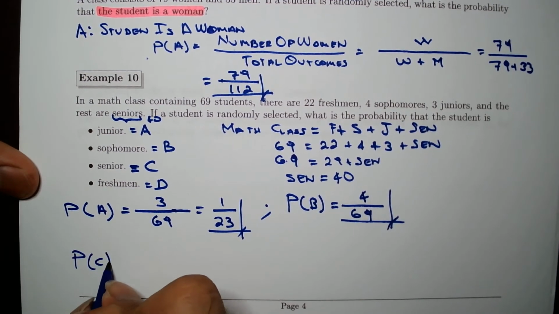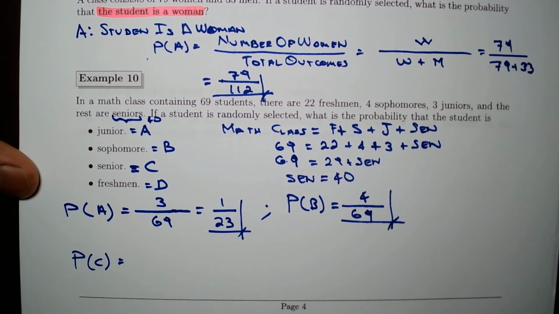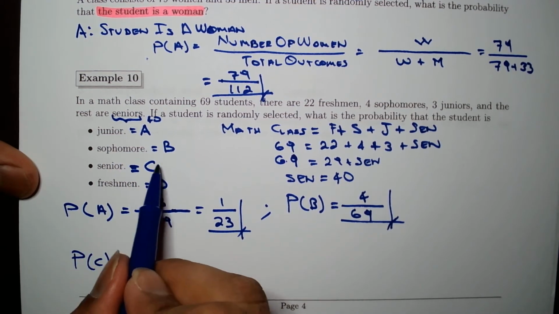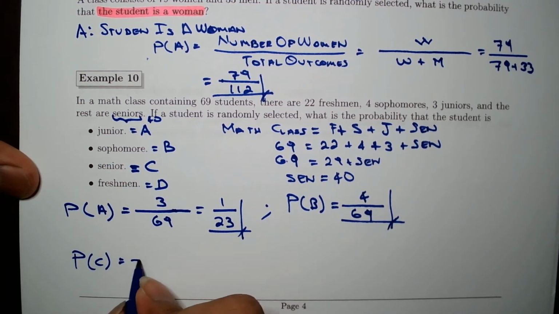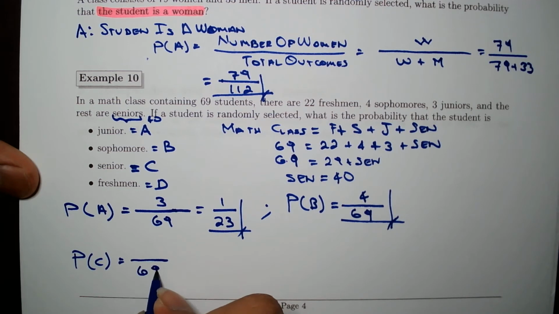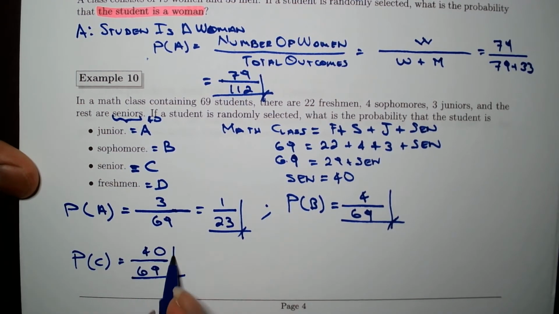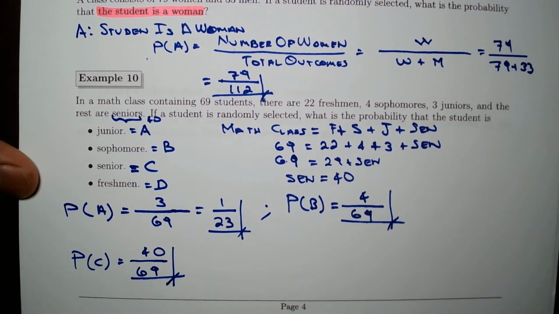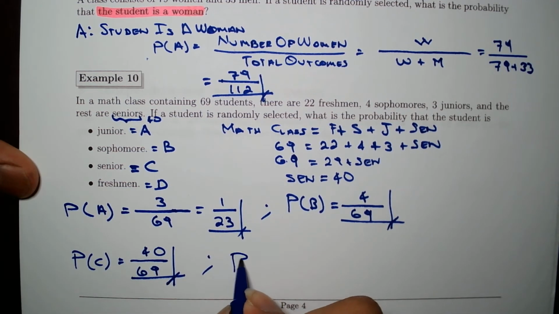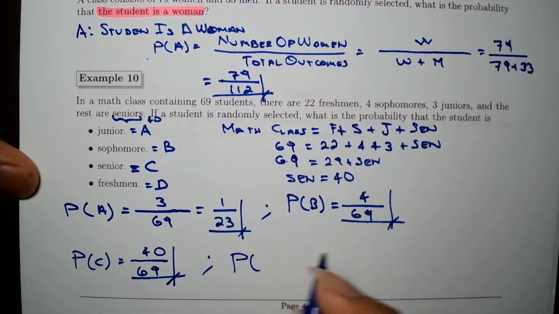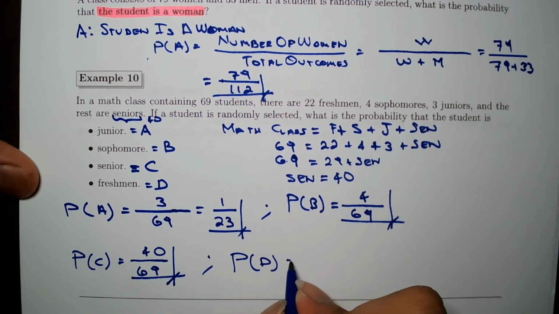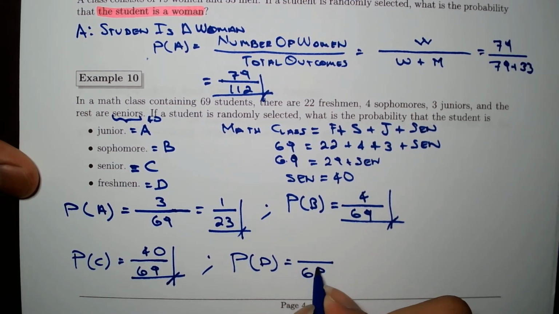P of C. The probability that event C occurs, how many seniors? Well, in this case, total number of outcomes, 69 and 40 seniors. We can leave it like this. We don't have to further simplify this. And last but not least, how many freshmen? The probability that we choose a freshman, that is event D, out of 69.